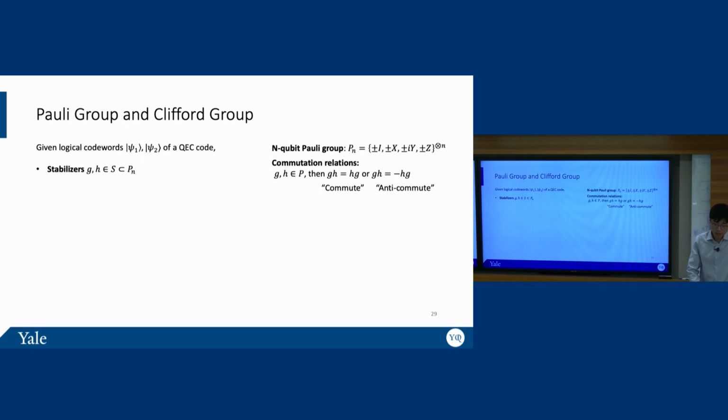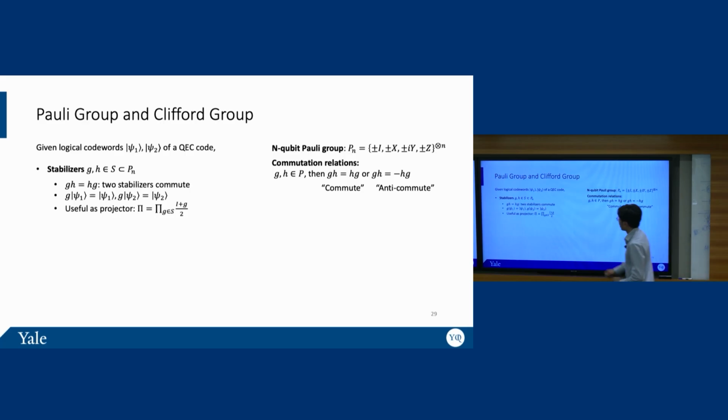And some of them are Clifford operations. And also to motivate why stabilizer formalism is so powerful, it can allow us to design Clifford operations on them too. We can recall the property of Pauli group elements, and we define stabilizers from this Pauli group.